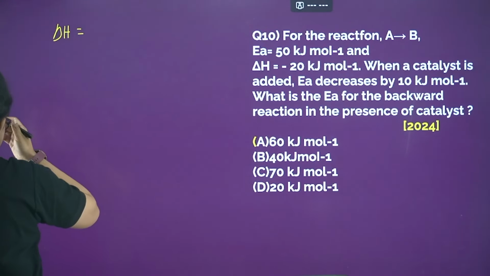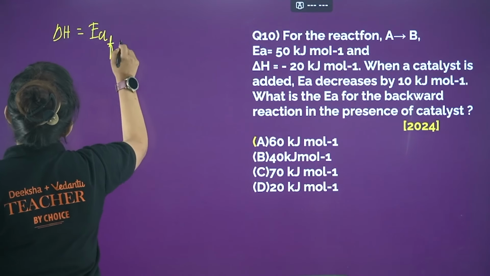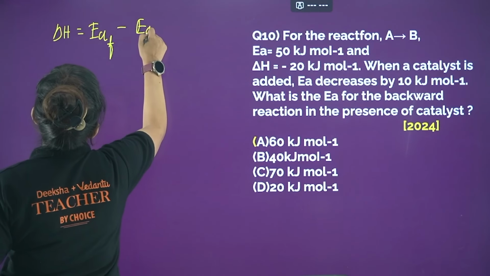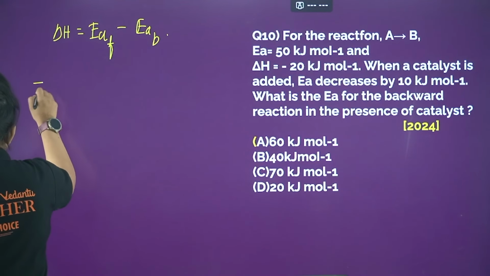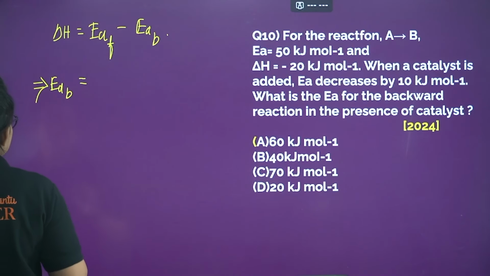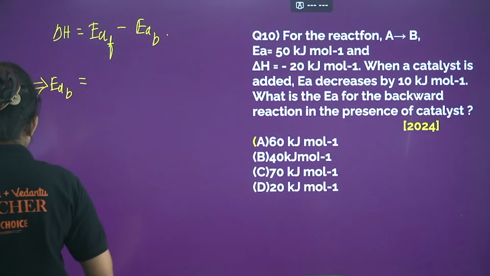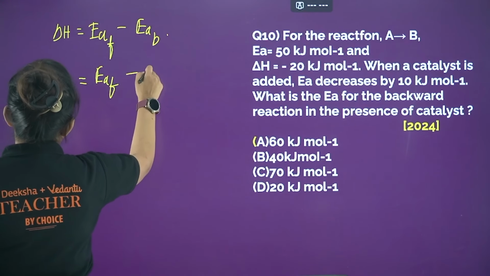Del H for a reaction is given by energy of activation for the forward reaction minus energy of activation for the backward reaction. So from here I can find out the Ea of the backward reaction: Ea of backward reaction is going to be Ea of forward reaction minus del H.